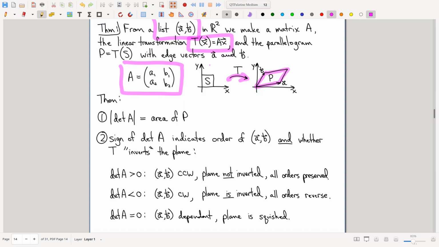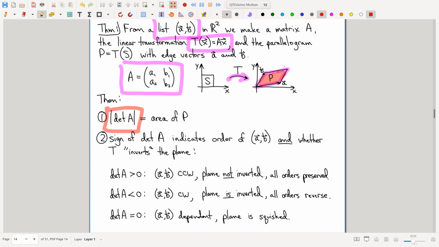The determinant of that matrix tells you geometric information about the list, it tells you geometric information about the parallelogram, and it tells you geometric information about the linear transformation itself. So in particular, the magnitude of the determinant tells you the area of that parallelogram.